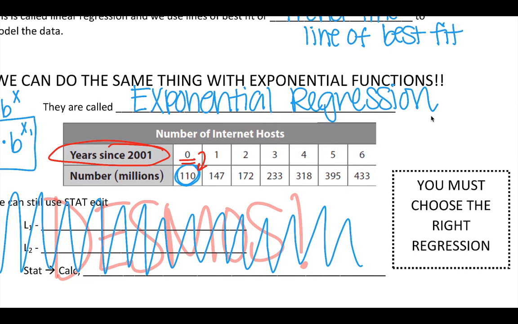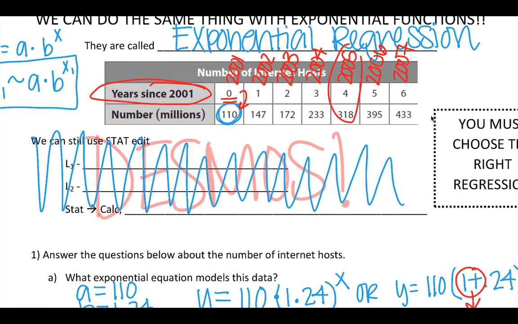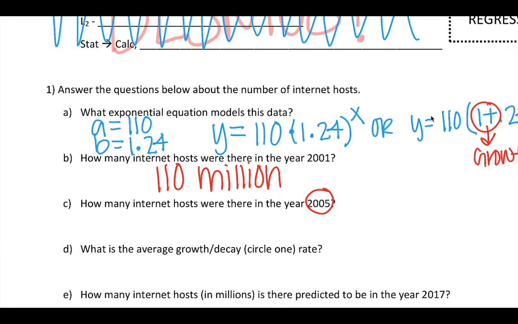So again, if we're 0 years, that's 2001. 1 year is going to be 2002. 2 years after 2001 is 2003. 3 years is 2004. 4 is 2005. 5 is 2006, and then 6 is 2007. So I'm looking for year 2005, which is 4 years after 2001, which is 318 million.